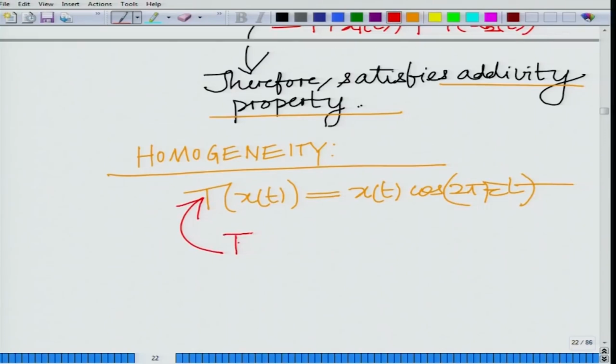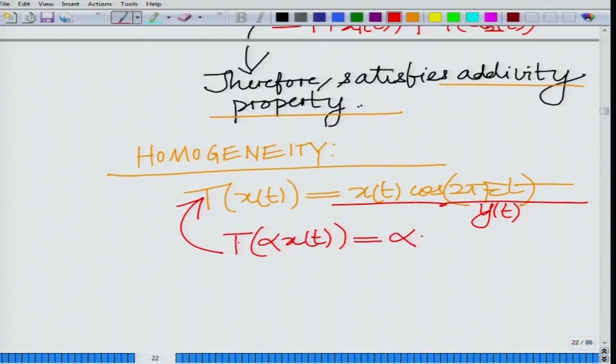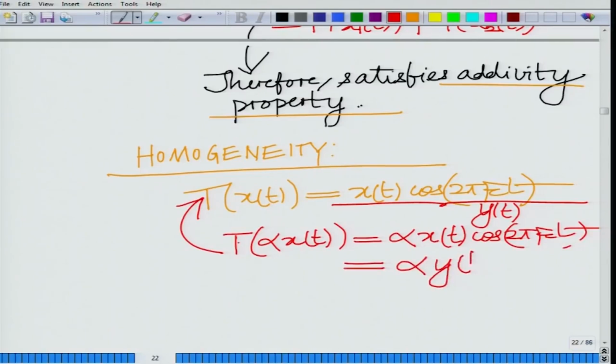This is your y(t). Now T of alpha times x(t) is naturally equal to alpha times x(t) cosine 2 pi fct, which you can clearly see is alpha times y(t), which is basically alpha times T of x(t).